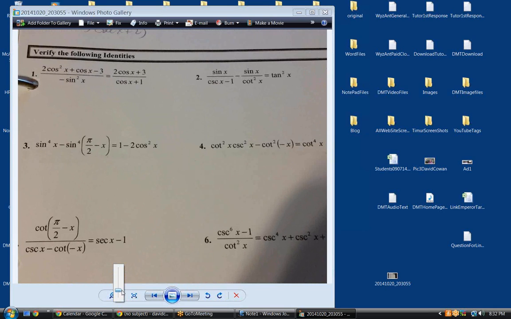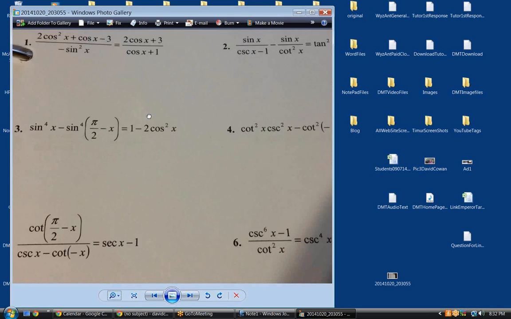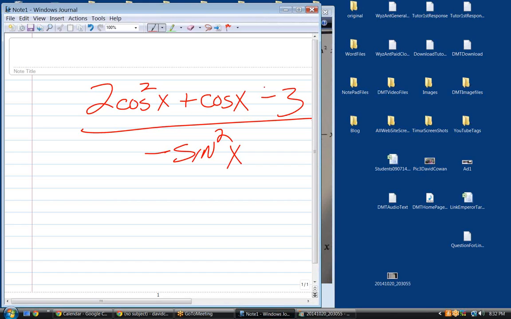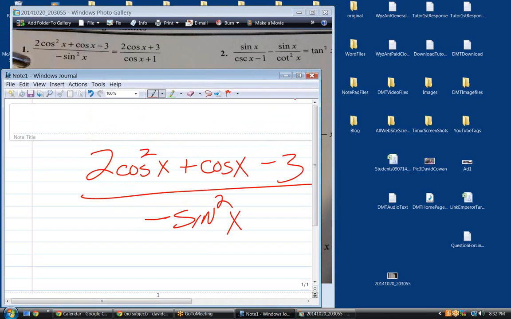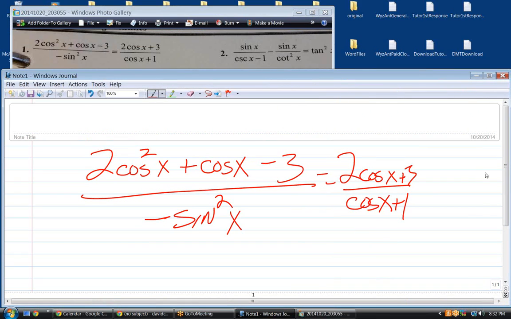Yeah, these are basically trig equations. Okay, I wrote it correctly. Everything's in cosine except the sine squared. Right? Yep. Okay. So, let's see. What would be the best thing to do here?